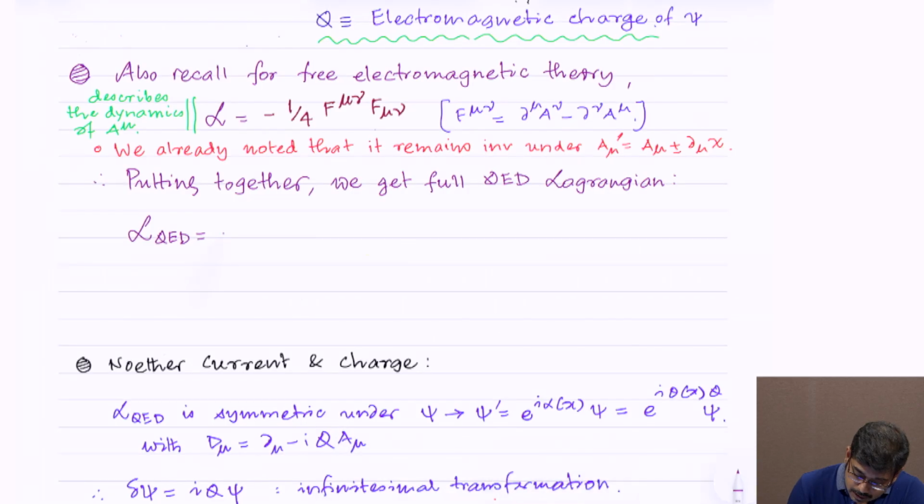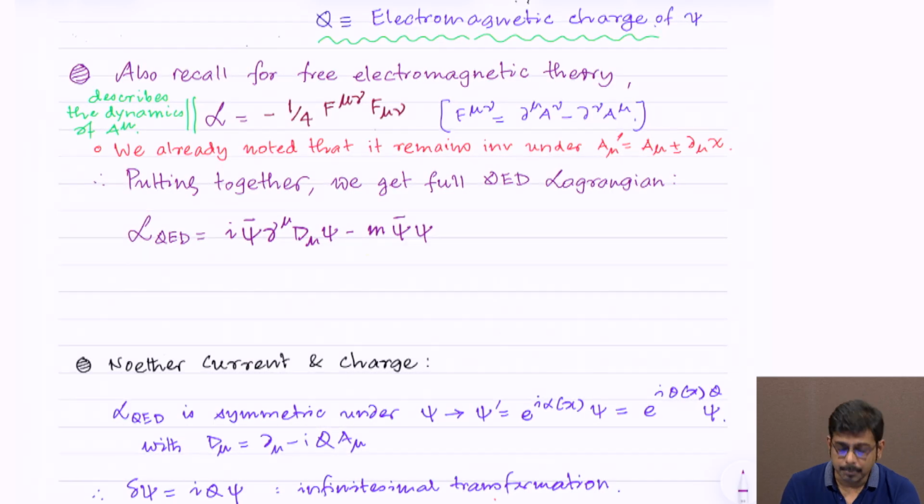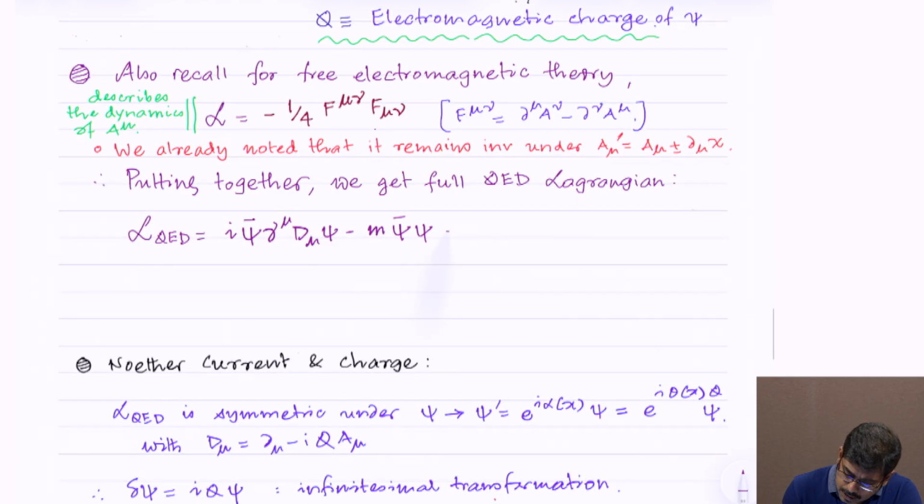So the term was i psi bar gamma mu D mu psi minus m psi bar psi. So this is the mass term, and then of course we also have to add the kinetic term involving the photon, which is embedded in this term, minus 1 by 4 F mu nu F mu nu.